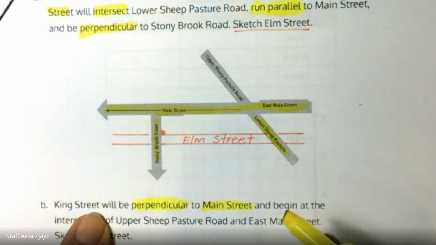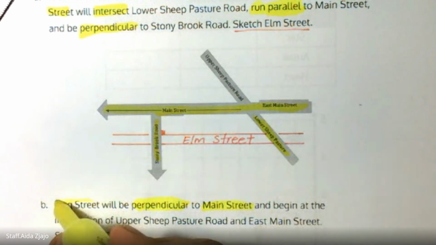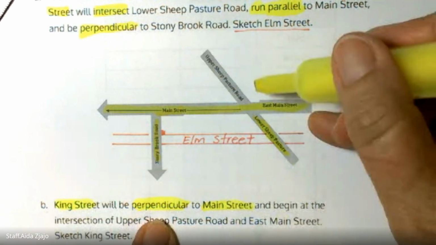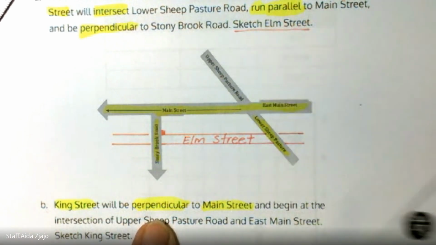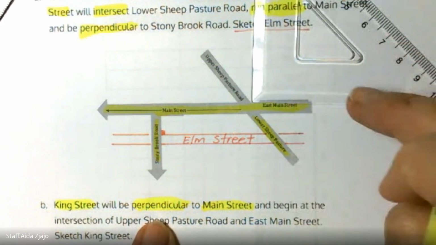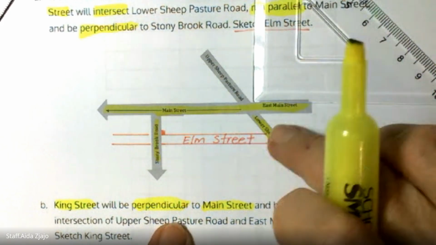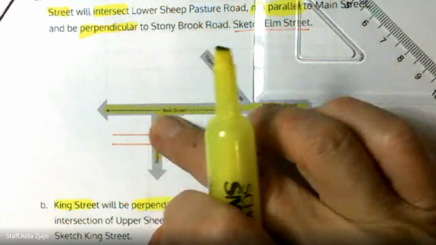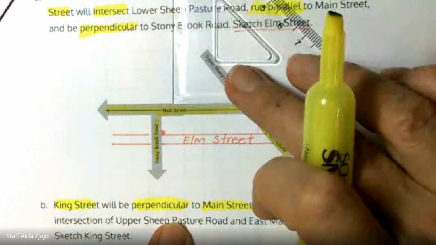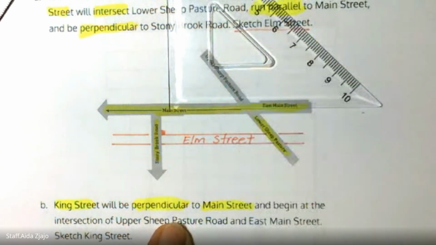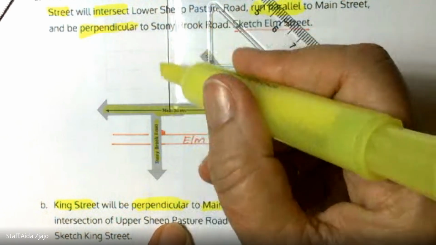So King Street has to be perpendicular. I'm going to take my little triangle. It has to be perpendicular to the Main Street, and Main Street is this one here. So it is going to be perpendicular. If I use my little triangle, that is a right angle.